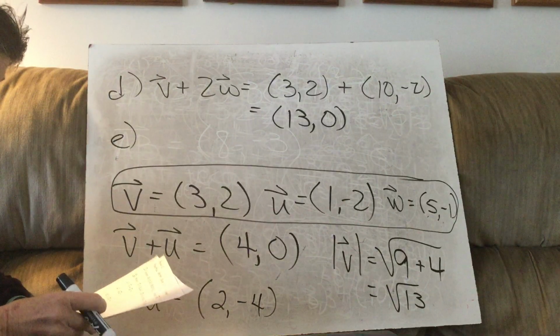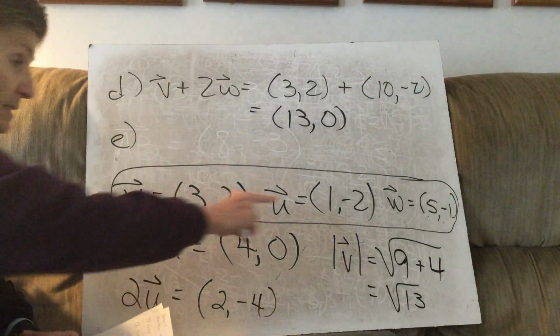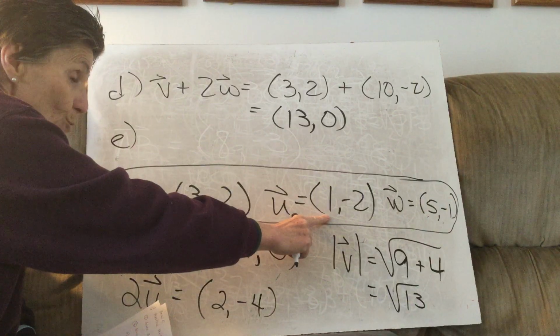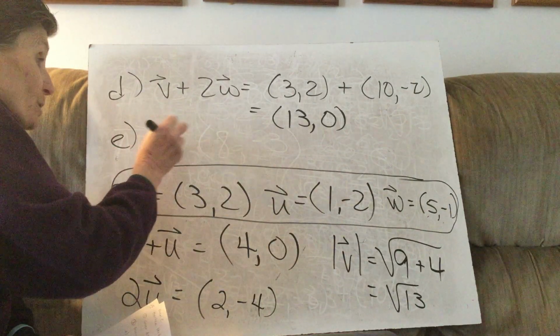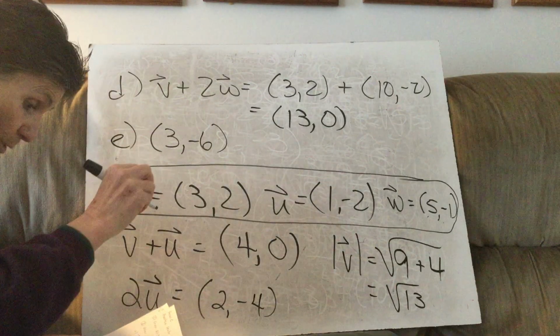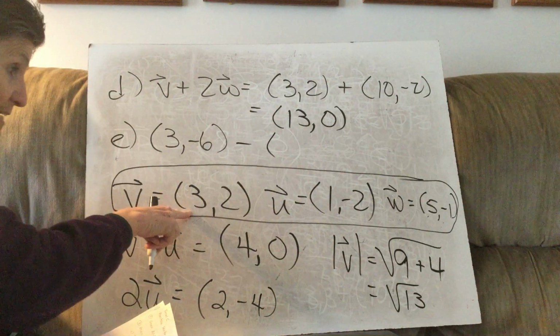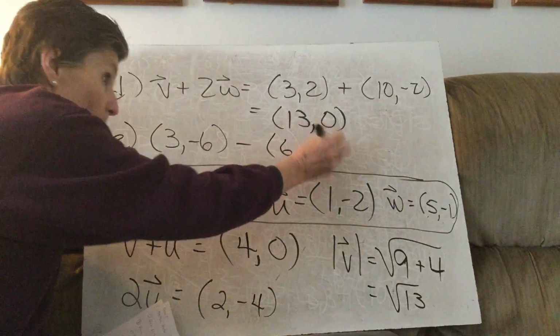Now E says take 3 U's. I'm on problem E. So I'm going to take 3 U's, which is 3, -6. And I'm going to subtract 2 V's, which would be 6, 4.